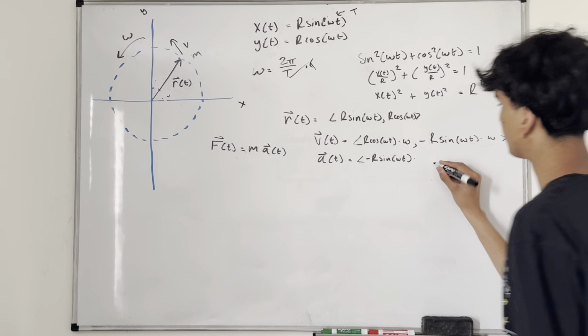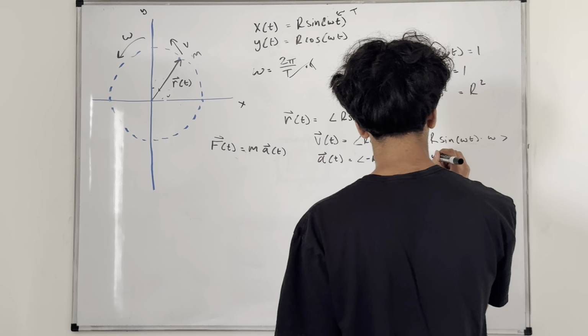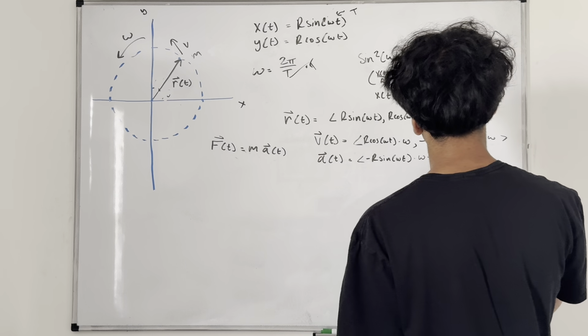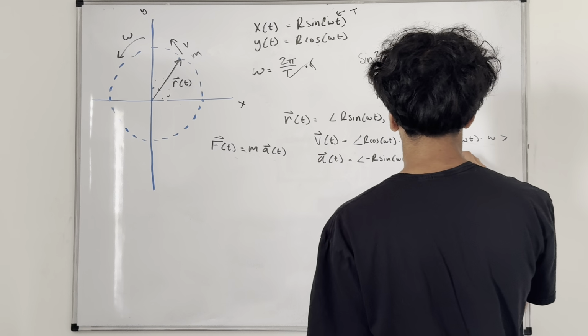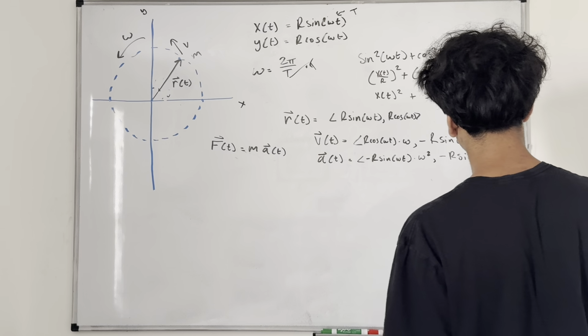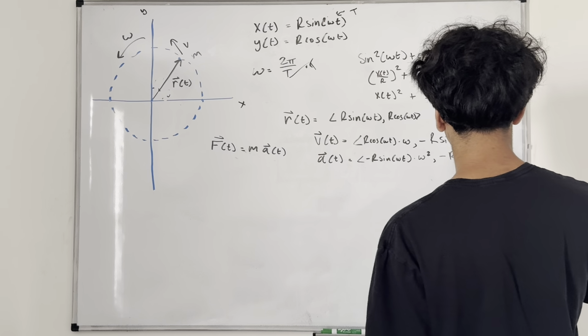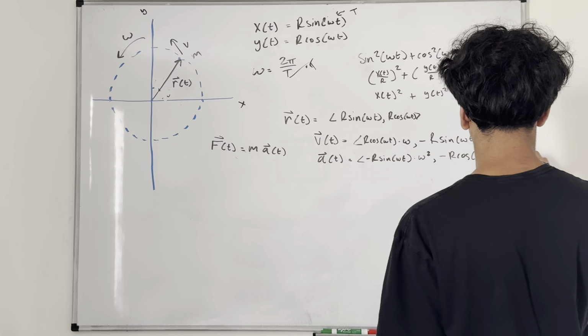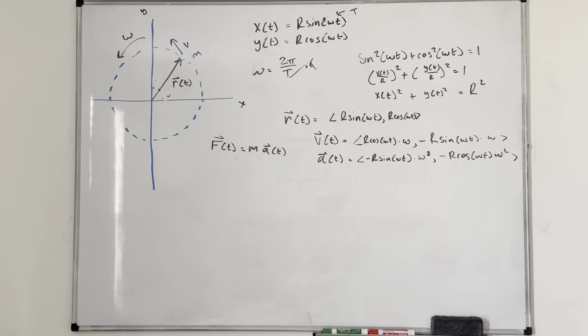I had the omega from earlier, and now I have to multiply by omega again, because that inner function hasn't changed. So I get omega squared, basically. And then same thing, negative r cosine omega t, because the derivative of sine is cosine, and I would have that omega squared, because I end up multiplying by omega again.